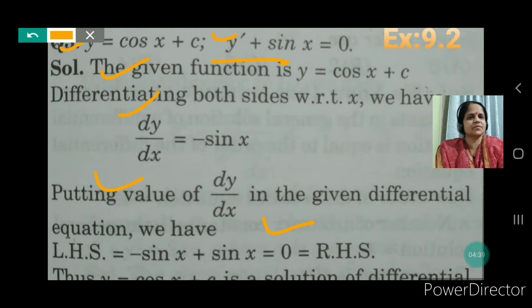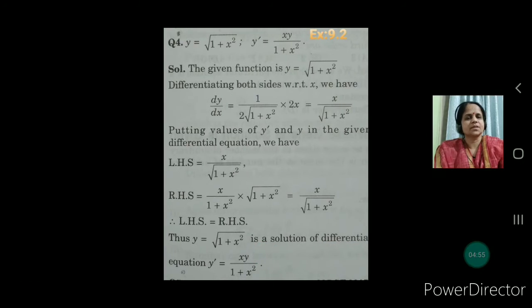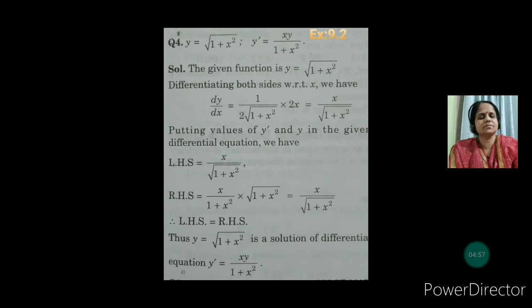In this differential equation, substitute the value of dy upon dx, it is minus sin x. Otherwise, from here you can write y dash plus sin x is equal to 0. It is also the same. Move to the next question.